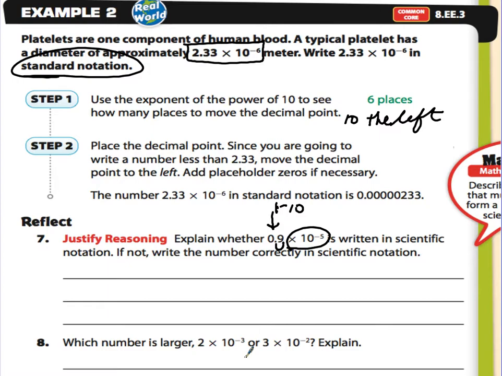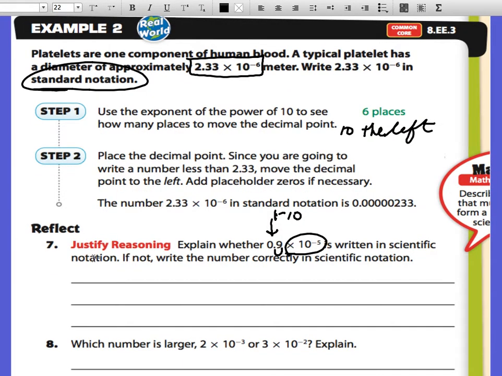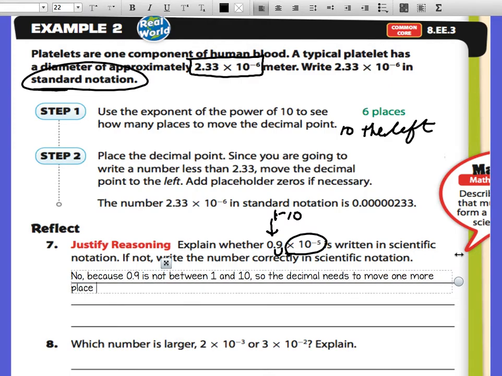Okay, so in justifying my answer, we can say no, because 0.9 is not between 1 and 10, so the decimal needs to move one more place to the left.